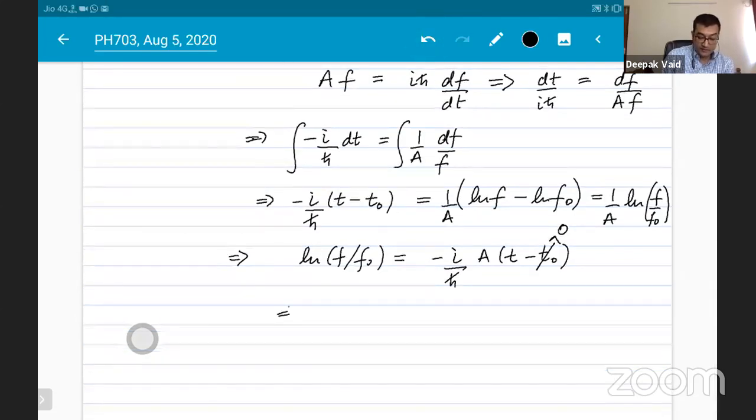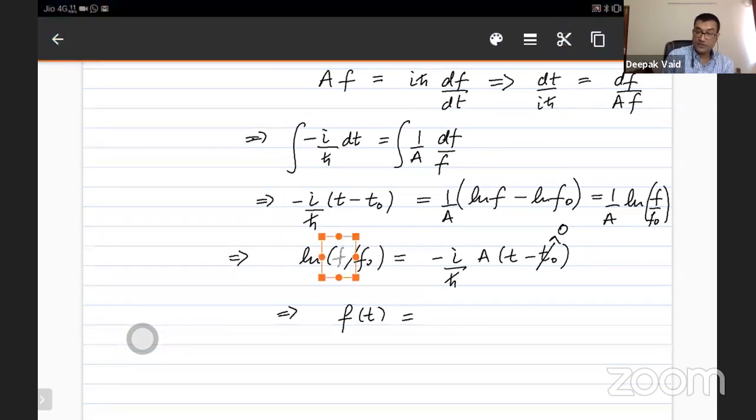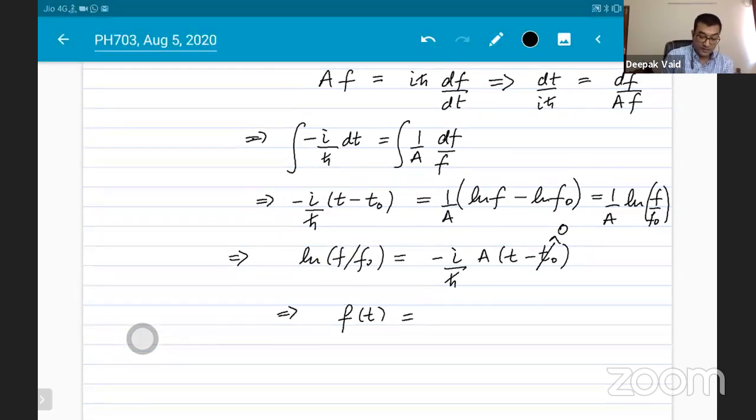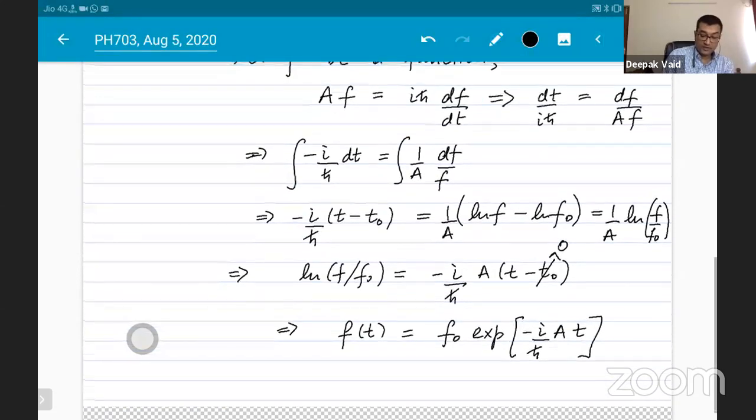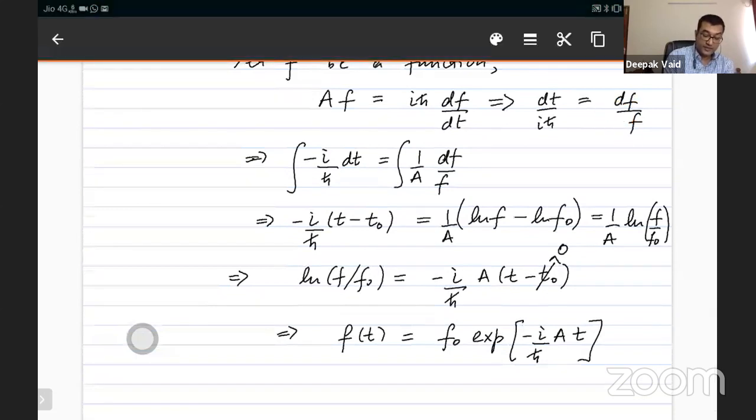And then we can take the exponential of both sides. And what do we find? We find that f of t, f is a function of time now, is equal to f naught times exponential of minus i by h bar A t. That is the solution of this equation. In fact, I didn't have to take this A down here.